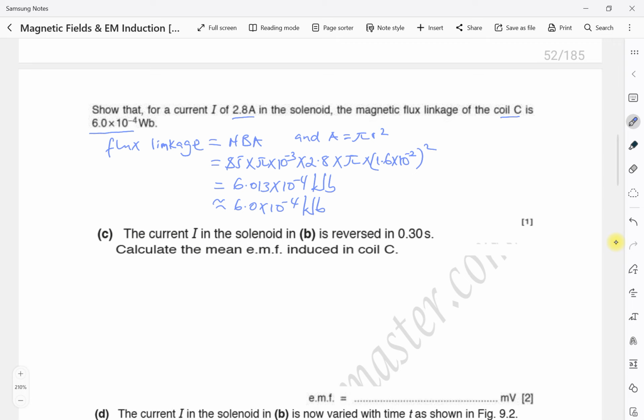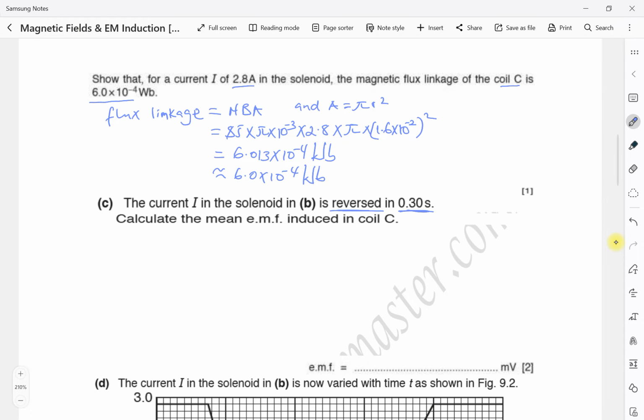The current I in the solenoid is reversed in 0.30 seconds. It is reversed, which means it moves from one maximum to another maximum. Therefore, the time just to reach one maximum is half of this time. Calculate the mean EMF induced in the coil. So we know that the EMF induced equals the rate of change of magnetic flux linkage.